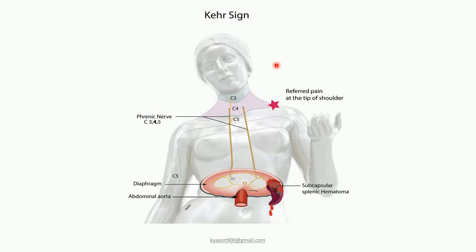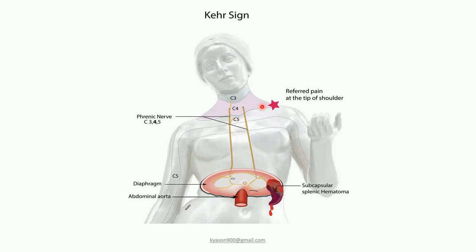Once it is irritated, these sensory signals are going to be carried by the sensory fibers of the phrenic nerves towards the brain. And we also know that from the shoulder area, we have the supraclavicular nerves that carry pain signals towards the brain. So normally these nerve fibers that innervate the shoulder, the supraclavicular nerves, also are going to come from these same spinal cord segments.